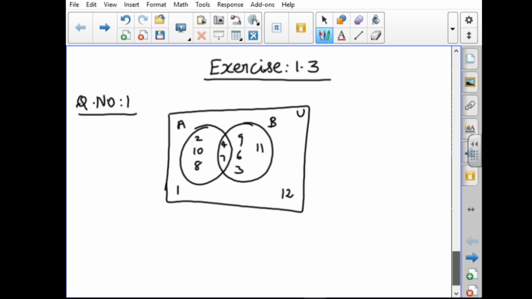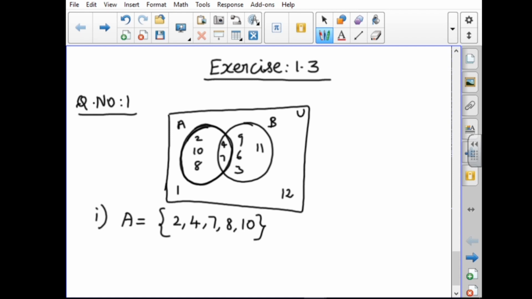First, we should find the elements of set A. A set means you should use the full set of A. In this set, the elements are 2, 4, 7, 8 and 10.